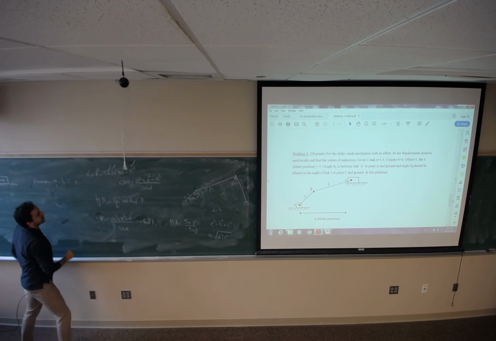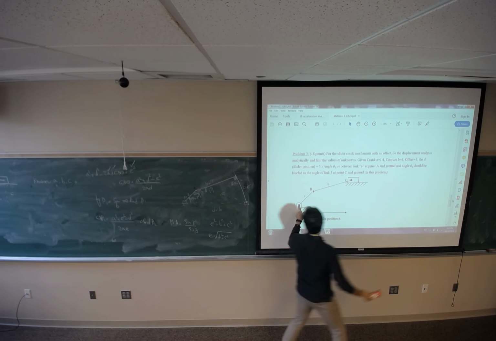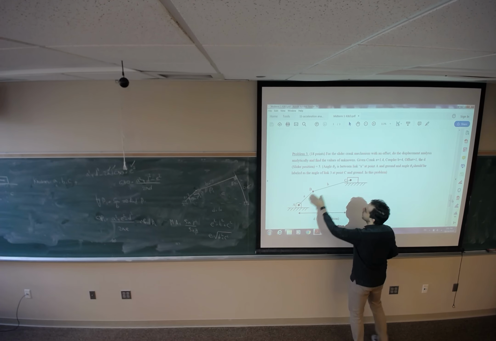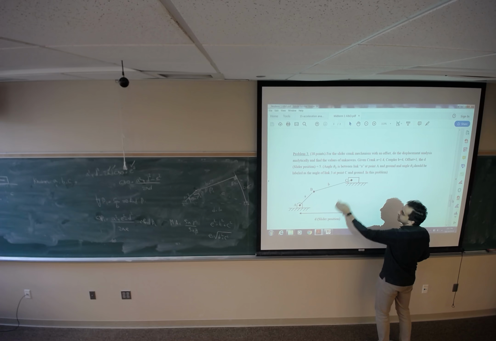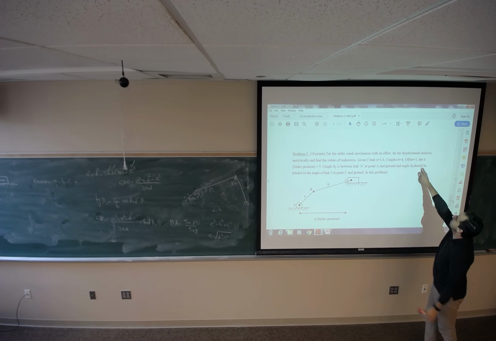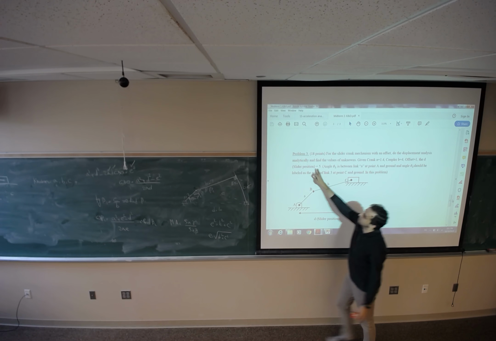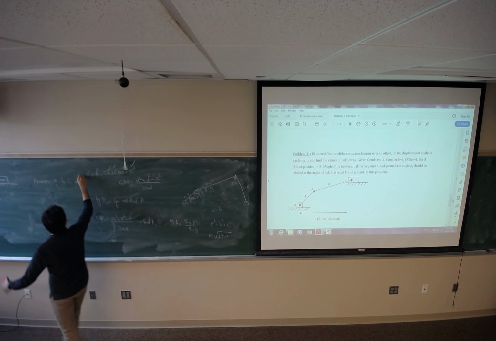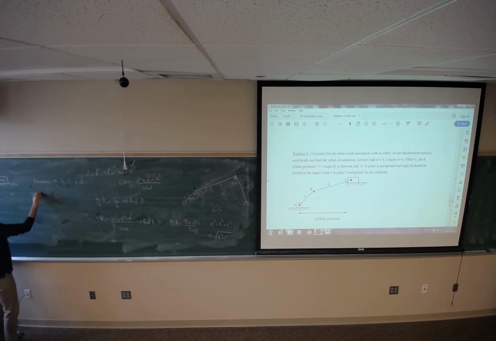Always we are given theta 2, and you solve for theta 3 and D. But in this problem, D is given, the slider position is given. So we are solving for theta 2 and theta 3.